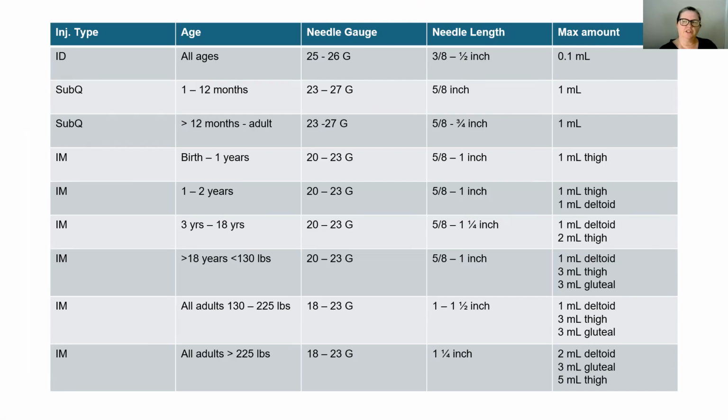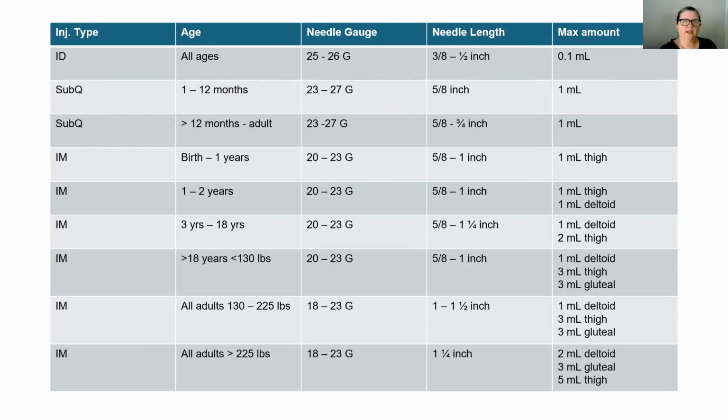So a 1 inch needle is fine. You probably just have to put the whole 1 inch in. That's fine. If you have a patient that is smaller than that, you could still use the 1 inch needle, but just maybe go halfway in with the needle. And that's on an IM.